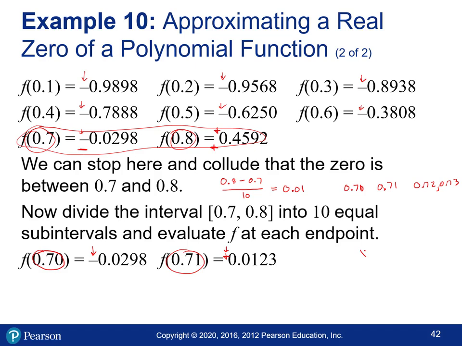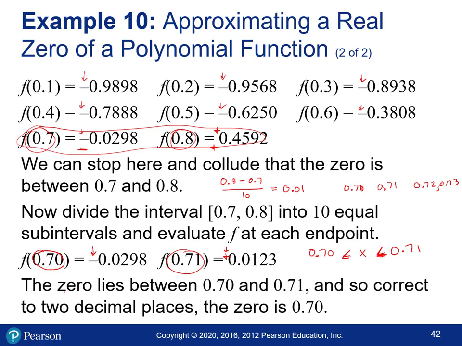So the 0 we're looking for is somewhere between 0.70 and 0.71. The question only said to go to 2 decimal places, so we don't have to repeat the process anymore. If it said go to 3 decimal places, we would keep repeating, but we're good to go because this is as accurate as we want to get on this one. And so the 0 of our function lies somewhere between 0.70 and 0.71.